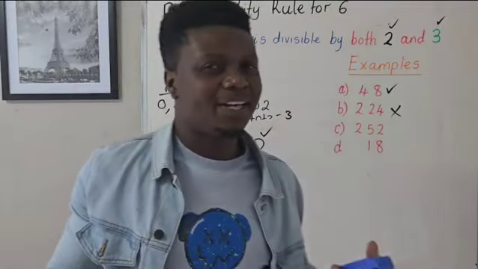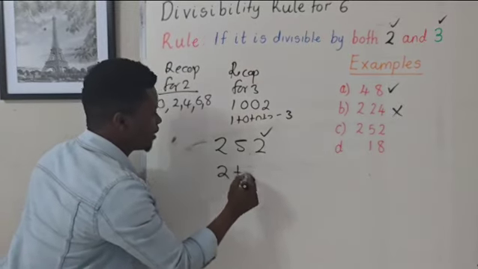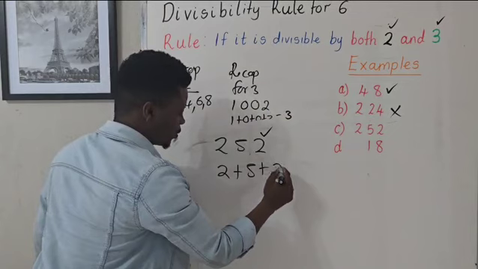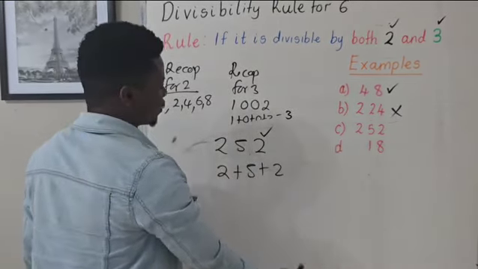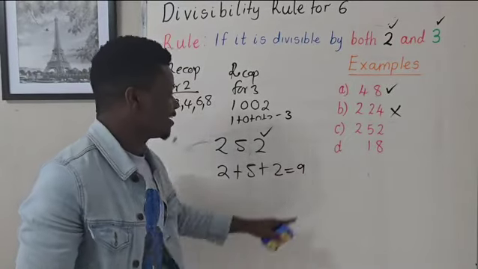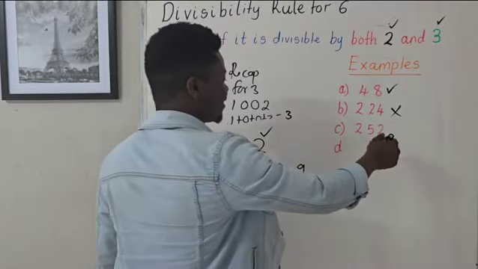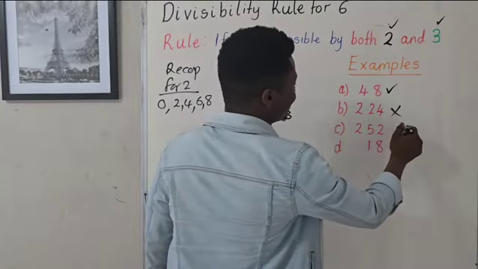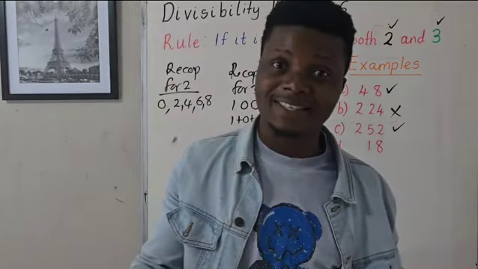How do we check? Add the individual digits: 2 plus 5 plus 2. 2 plus 5 is 7, and 7 plus 2 is 9. Is 9 a multiple of 3? Yes. So this number is divisible by both 2 and 3, so it is divisible by 6.